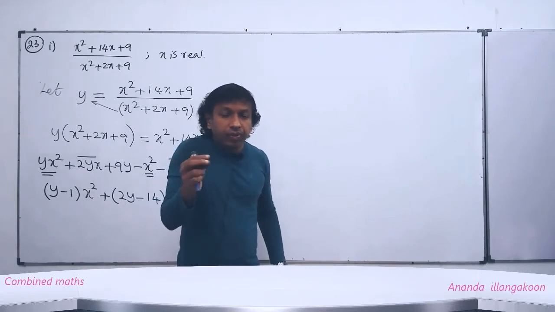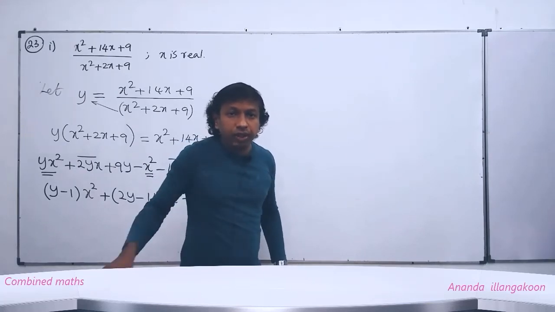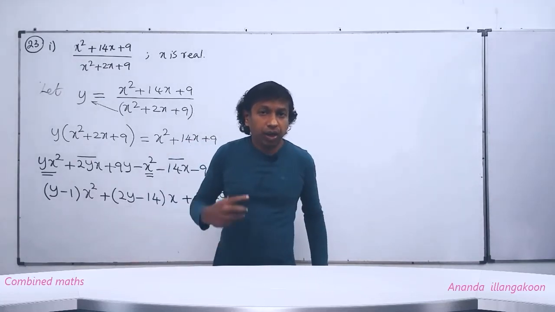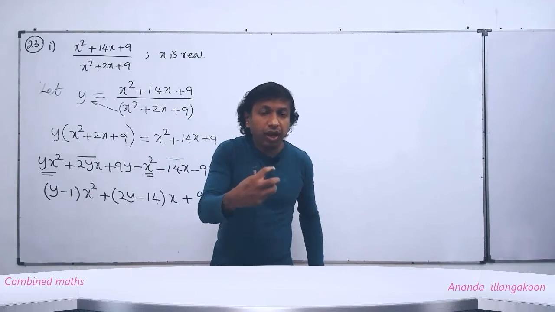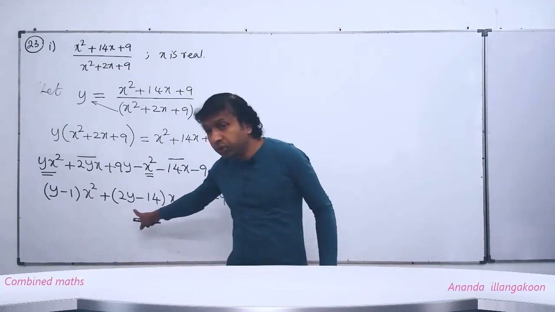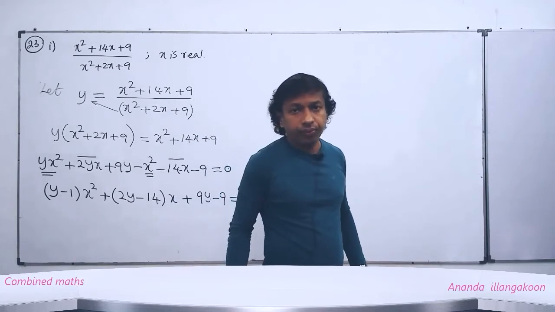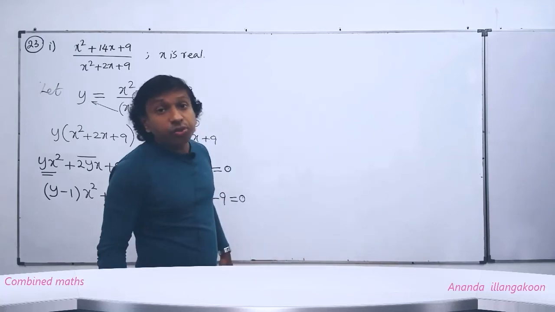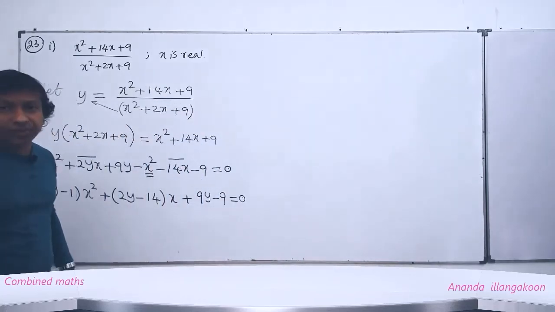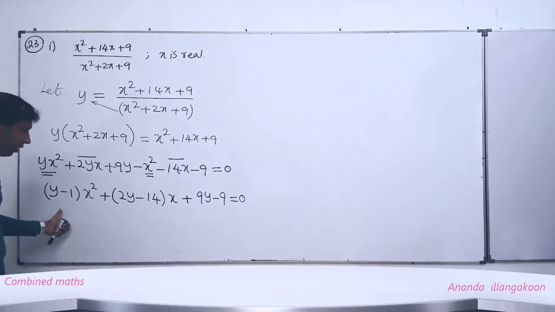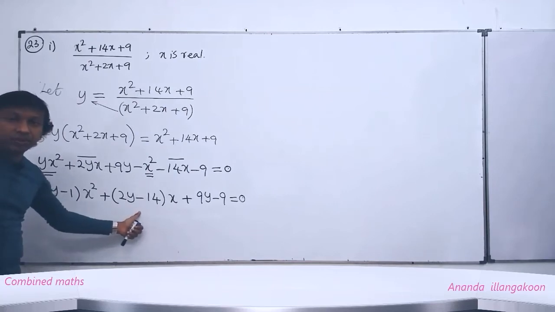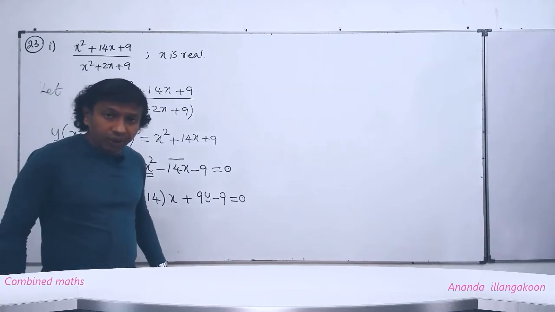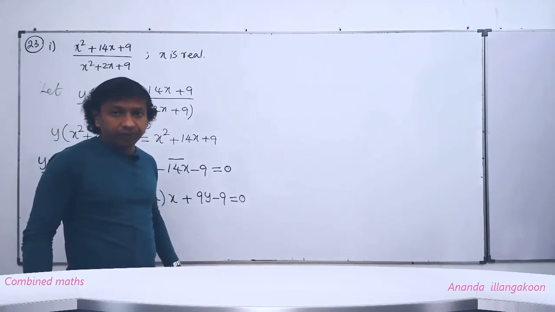In order to get those two answers for x, this equation should have real roots. Answers of x mean the roots of this equation. In order to give real solutions for x, definitely the discriminant of this quadratic equation should be greater than or equal to 0. Understand? I'll repeat that again.